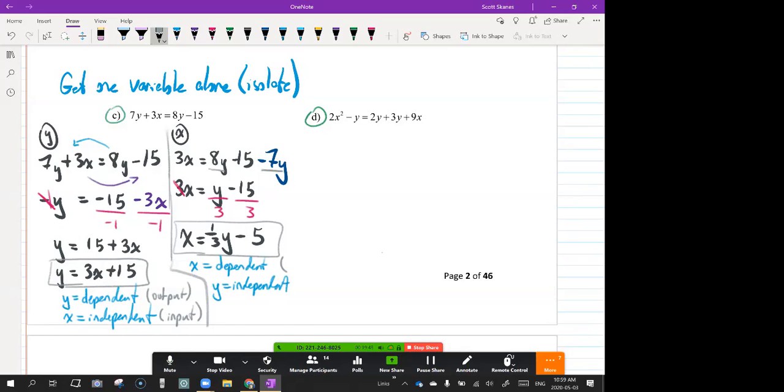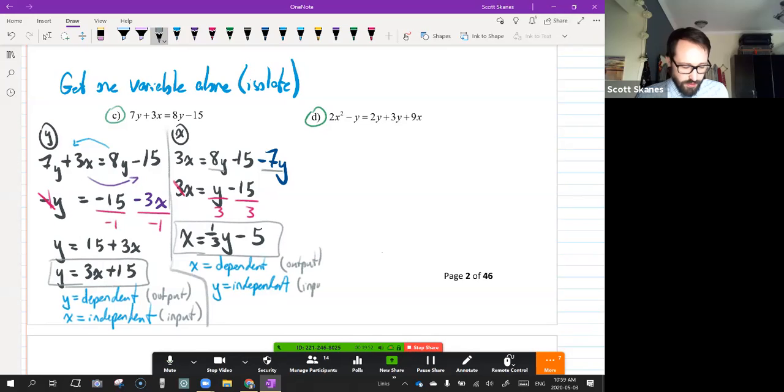Sir, how do you know if it's dependent or independent? Okay, so I'll give you sort of the short answer. The dependent variable is what you solve for. The dependent is the one that's alone.